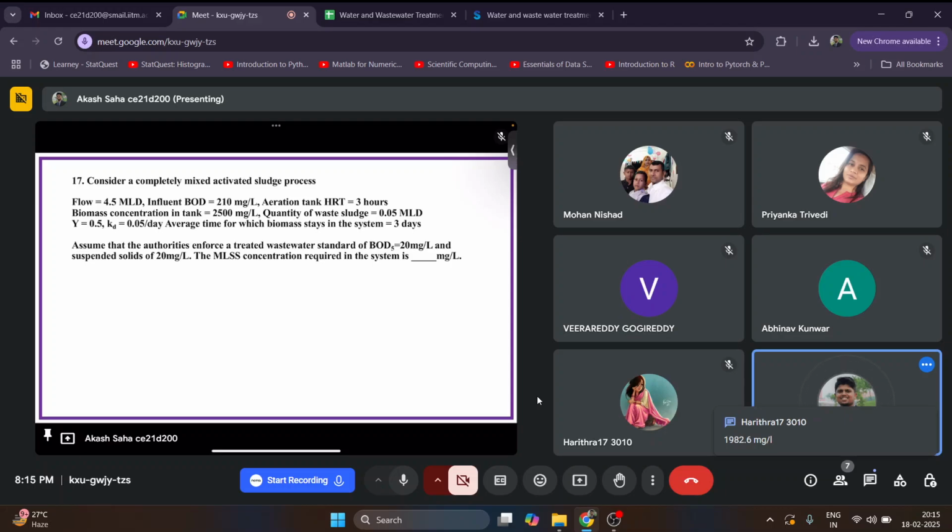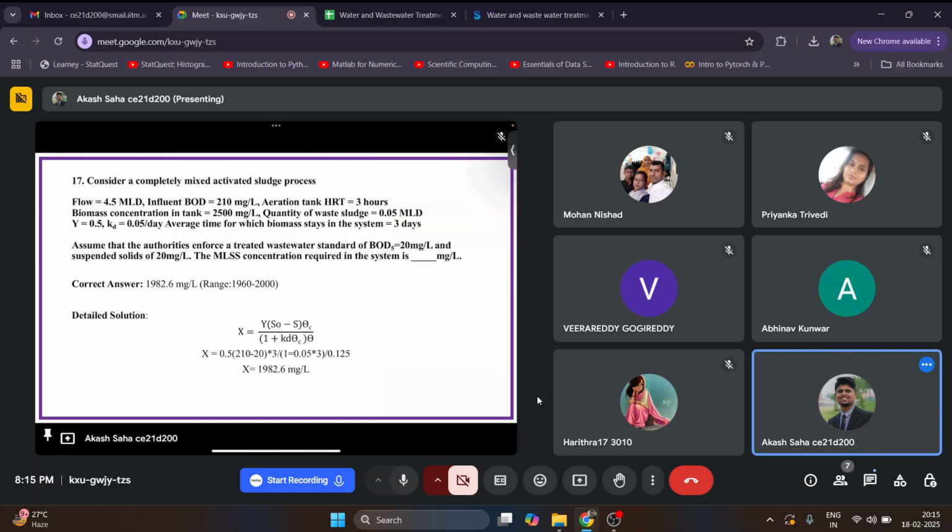1982.6. Okay, let me check. Yeah, that is exactly the right answer. Very good. So again, this is the formula which we have to apply. X is equal to Y into (S naught minus S) theta c divided by (1 plus kd theta c) into theta.